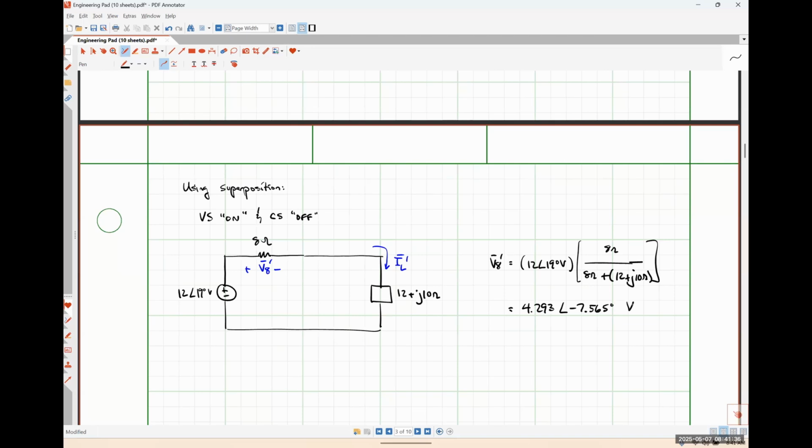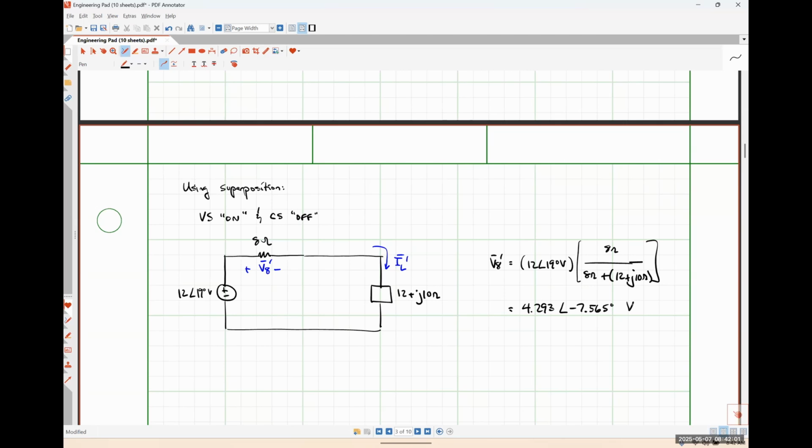All right, moving on. How might I solve for that current IL prime? Can't do current division, there's no current source. Sure, so we could do 12 angle 19 over that total impedance, or we could just do the voltage that we just solved for, V8 prime over 8 ohms.